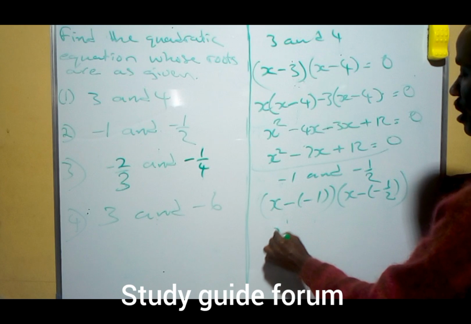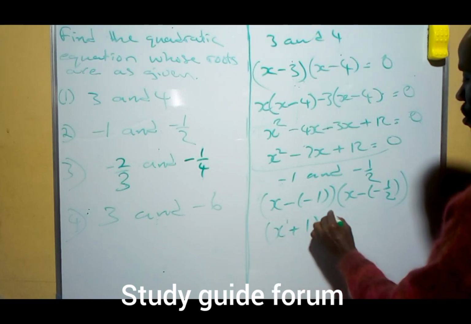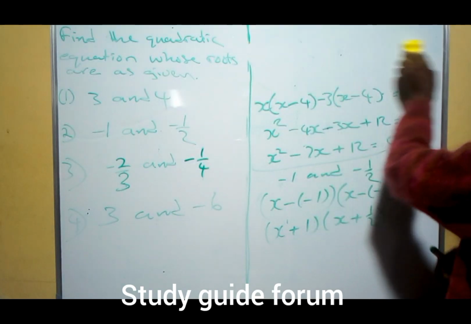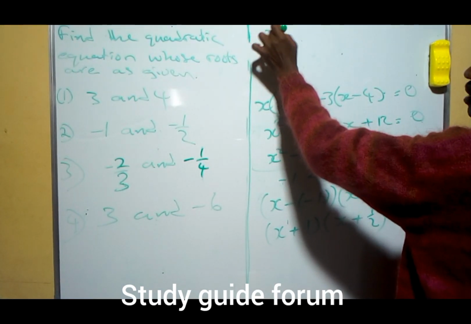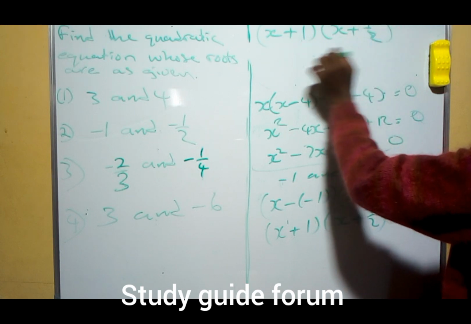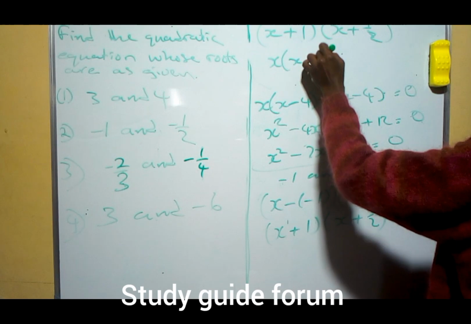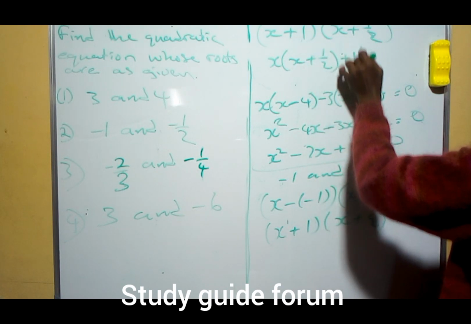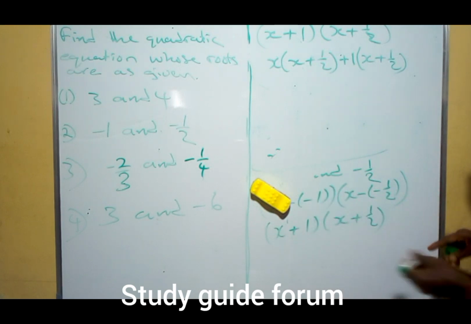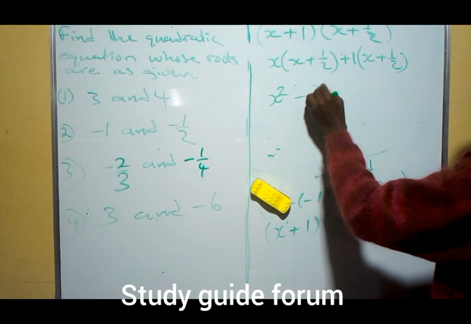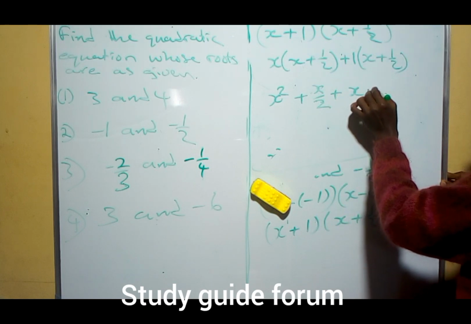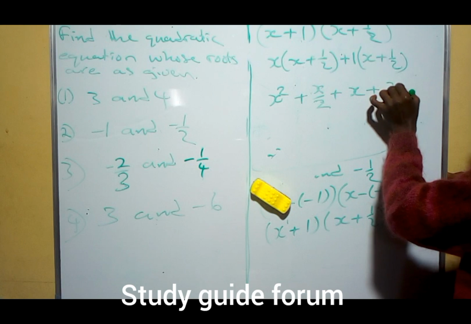Opening the bracket, multiplying, we have x times x giving x squared, 2x, x, plus x over 2.